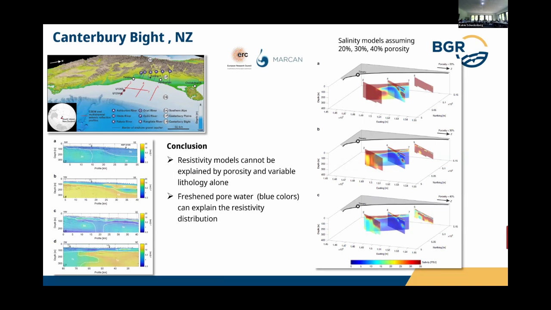The conclusion here is that the resistivity models cannot be explained by porosity variations and lithology alone, but a likely explanation is that we have freshened pore water, blue colors here in that systems, which can explain the resistivity distribution.